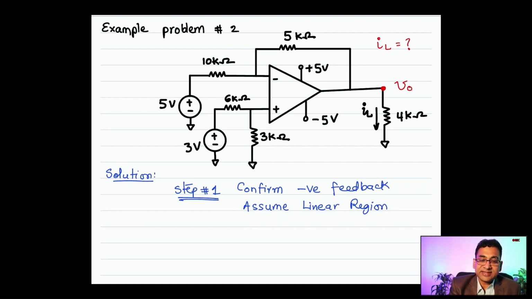So let's see, the output here is tied back to the negative terminal of the operational amplifier. That is negative feedback, right? So we do have a negative feedback configuration, so we can assume linear region.